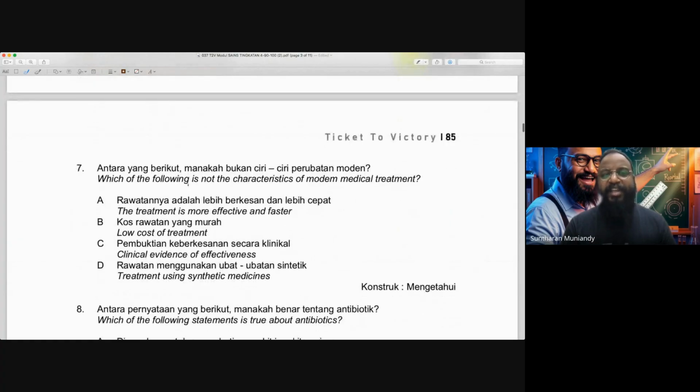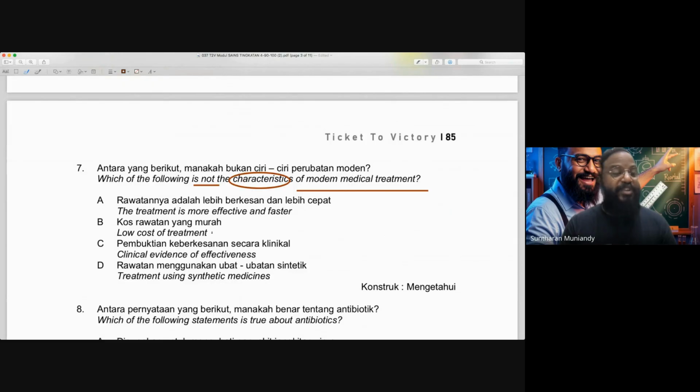Okay, number 7. Which of the following is not the characteristics of modern medical treatment? Modern medical treatment is much more effective and faster, yes, but they are asking which is not the characteristic. The treatment is more effective and faster, that is one of the characteristics.